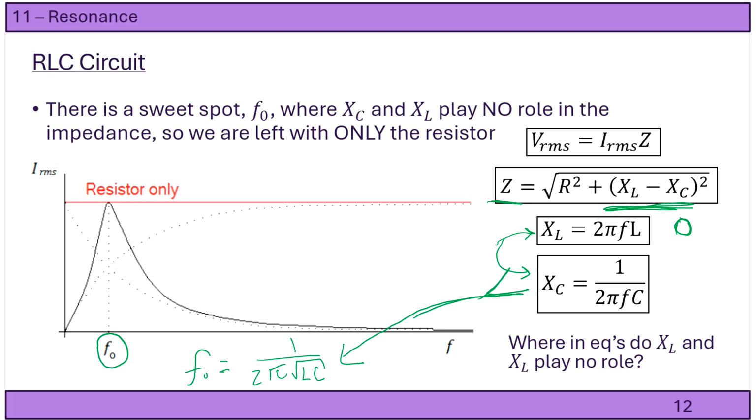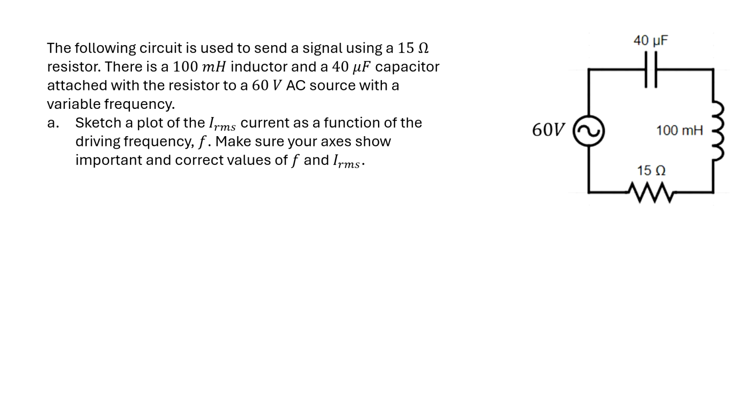And when that happens, we have this nice peak at the top of the LRC circuit graph where we've plotted the IRMS current over different frequencies. And that's our little sweet spot there. So that's kind of enough to get started with sketching the plot. Well, you just sketch exactly something like what we just saw.